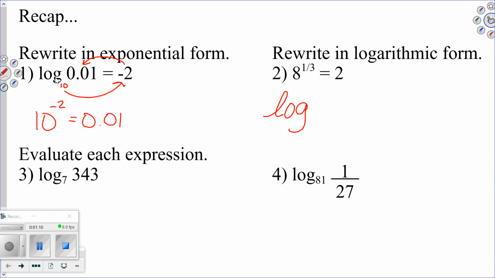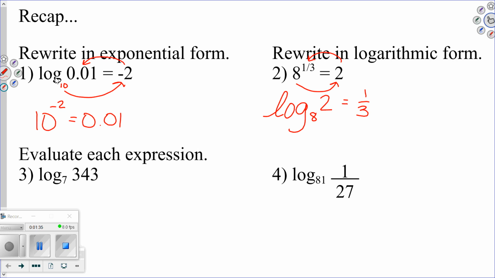What's the base number? The 8? Then what? Squared on this little base equals 1/3. Does it make sense? Loopy swoopy it the other way.